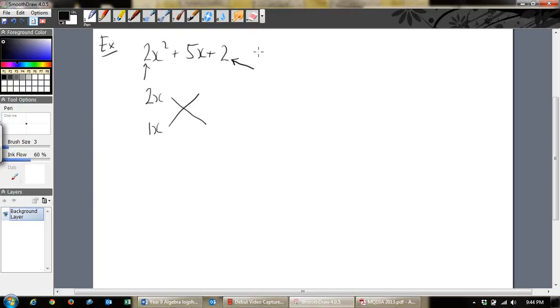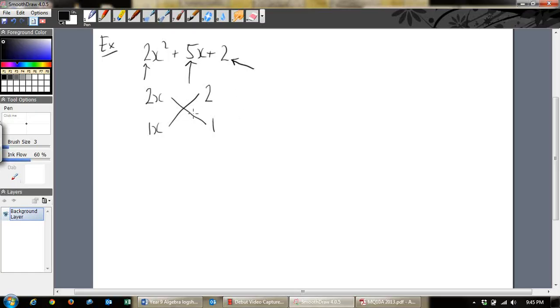They're our only options. And so what we just need to do is go through and try a bunch of different options. Okay, so we write 2 and 1 there because they multiply together to give 2. And what we want to do is see that when we cross multiply, in other words when we times this by this and this by this, and we add them together, what we want to try to do is find the combination that gives us plus 5x.